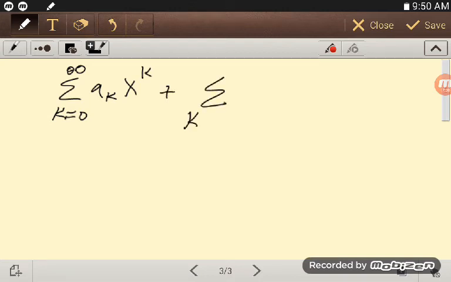Say you've done some work, but it turns out you've got k equals 1 to infinity of some b sub k x to the k. No big deal.